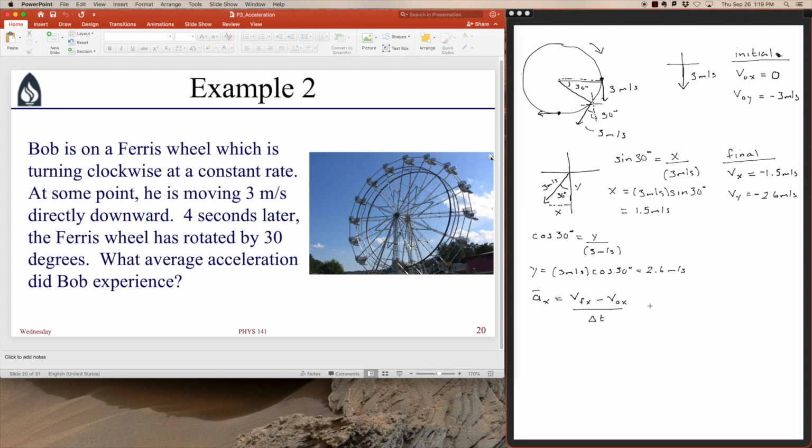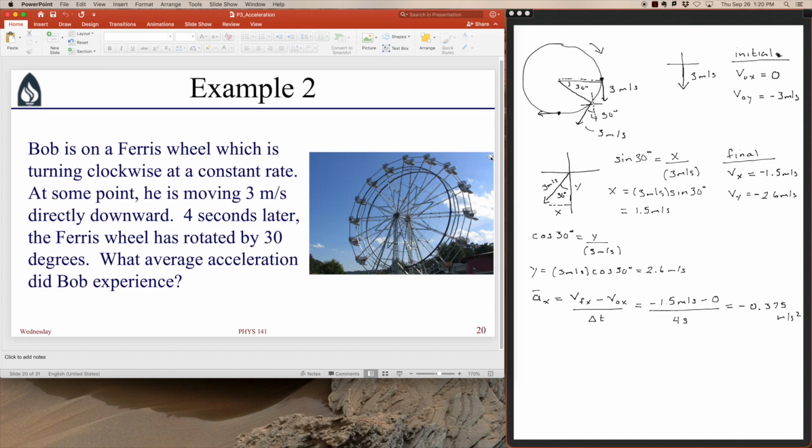So the final velocity in the x direction is negative 1.5 meters per second, and the initial velocity in the x direction was 0. And that change was accomplished in 4 seconds. So the x component of the average acceleration is going to be negative 0.375 meters per second squared.